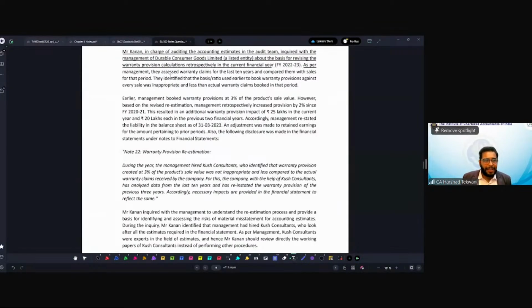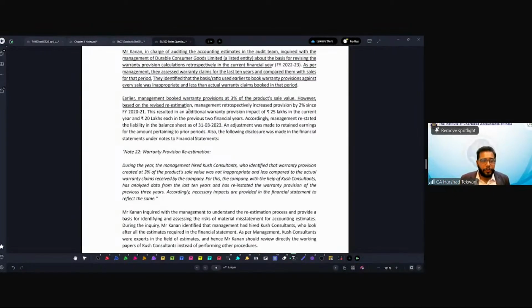As per the management, they assessed the warranty claims for the last 10 years and compared them with the sales for that period. They identified that the ratio used earlier to book the warranty provision against every sale was inappropriate and less than the actual warranty claims booked in that period. Earlier, the management booked warranty provision at 3% of the product sale value.